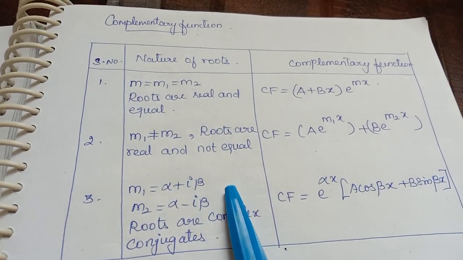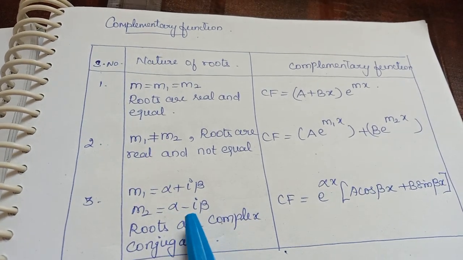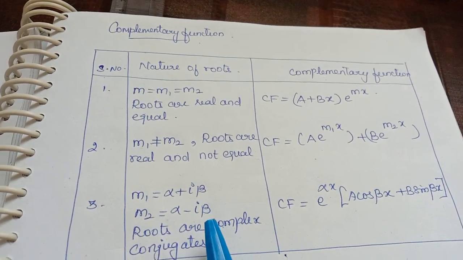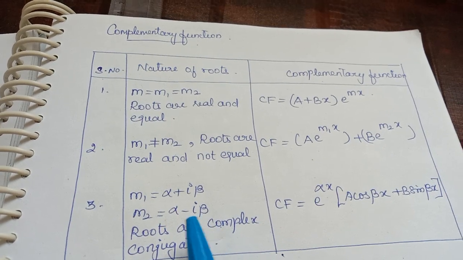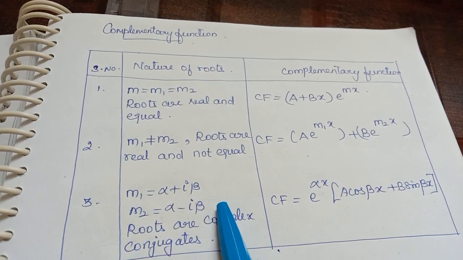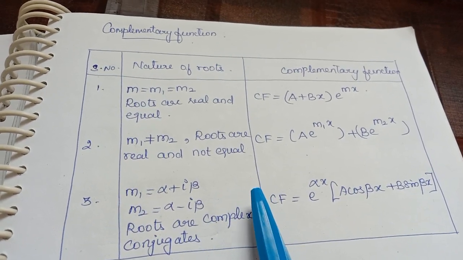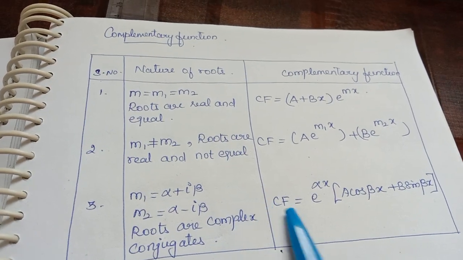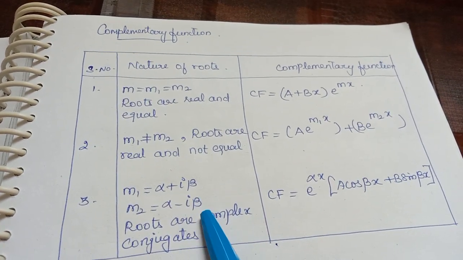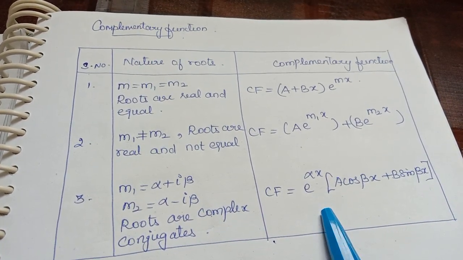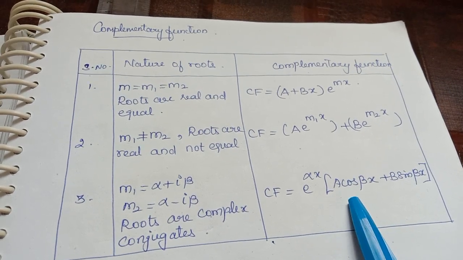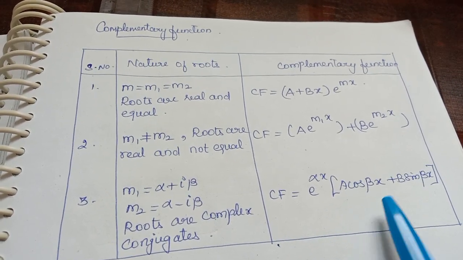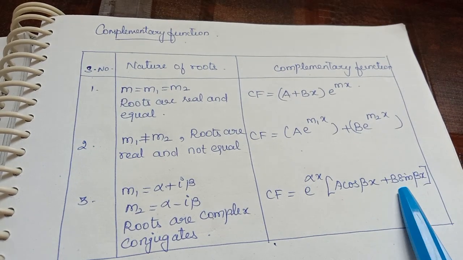If one root is alpha plus i beta, the other root will be alpha minus i beta. So for a cubic equation, two roots will be like this and the third root must be a real number. For that you have to include one more term, c e power m3x.